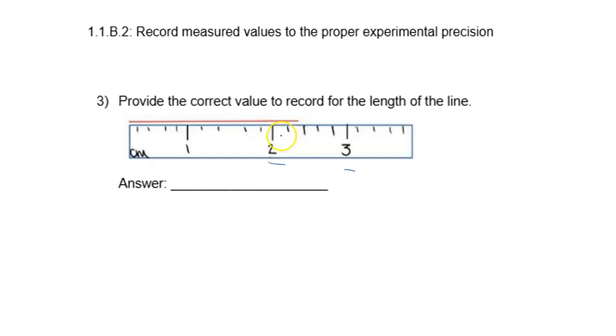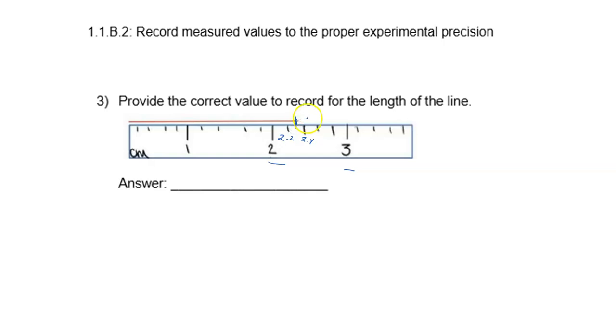So this line right here would be 2.2, and this would be 2.4. So we know that our line is going to be between 2.2 and 2.4. We could also say 2.3 is halfway.